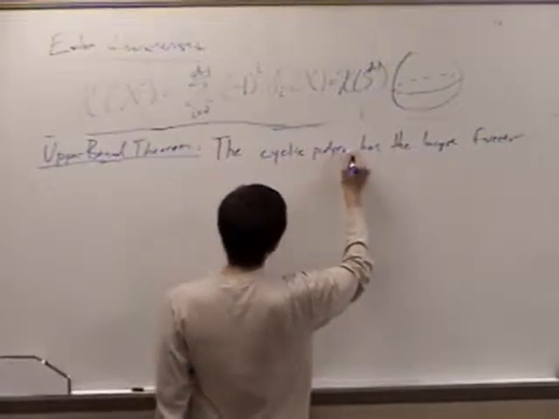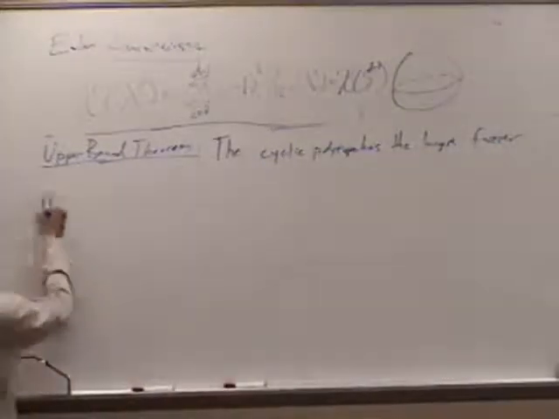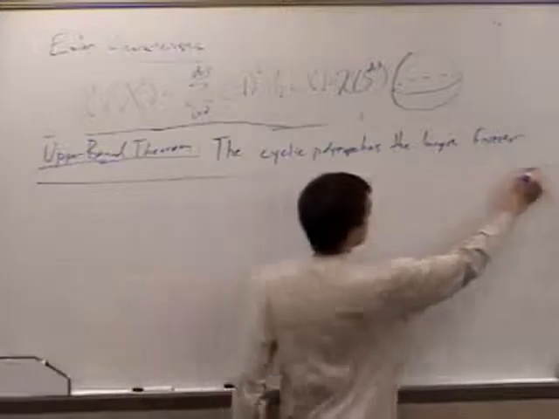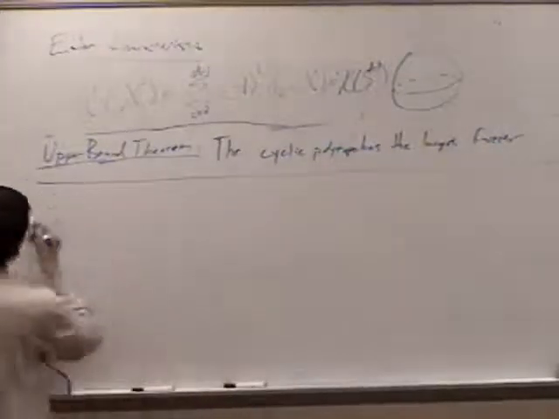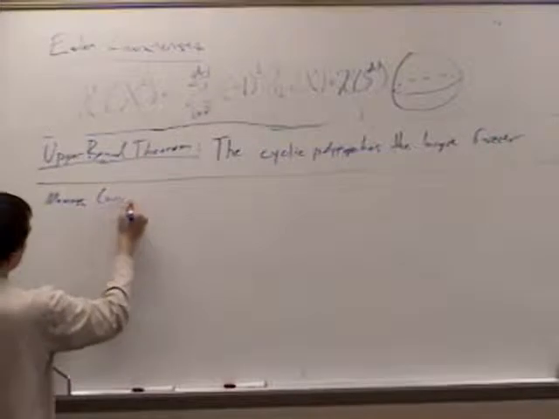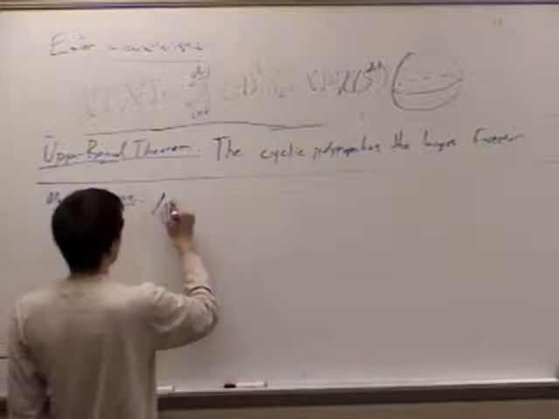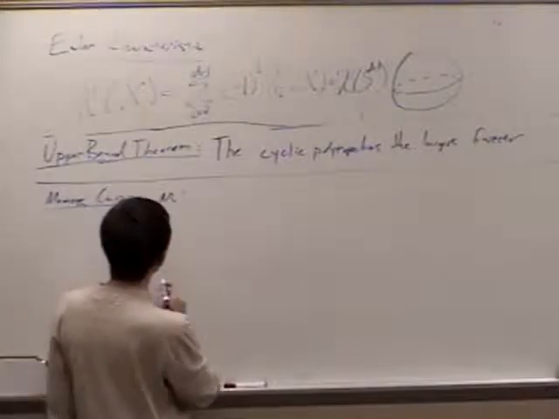So what is this thing, the cyclic polytope? Well, the way it's constructed is as follows. We start from this thing called a moment curve, which is a parametric curve in R to the d. We're going to write it with mu as the symbol here.